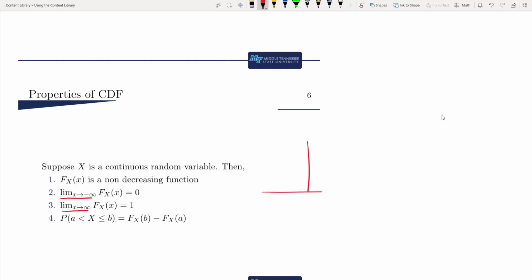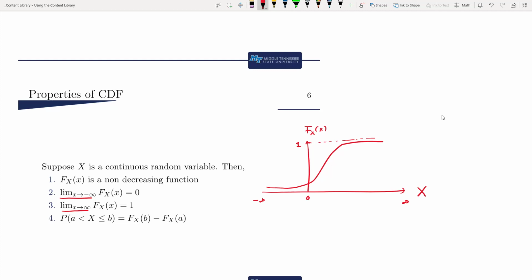I can draw a sample CDF. So let's say this is a random variable X taking values, and here is the CDF. You can have something that looks like this. So you can see when x is approaching infinity, it's approaching 1. When x goes to negative infinity, it's approaching 0.